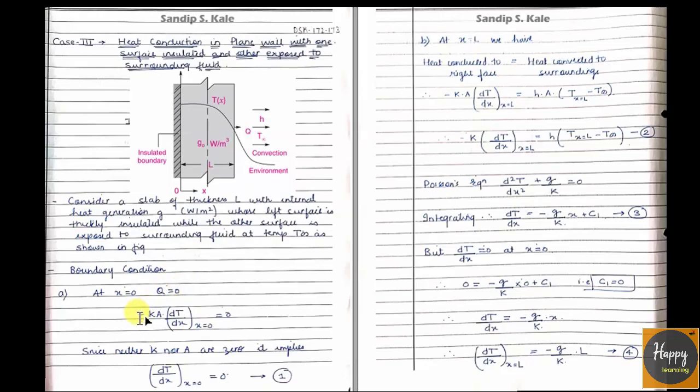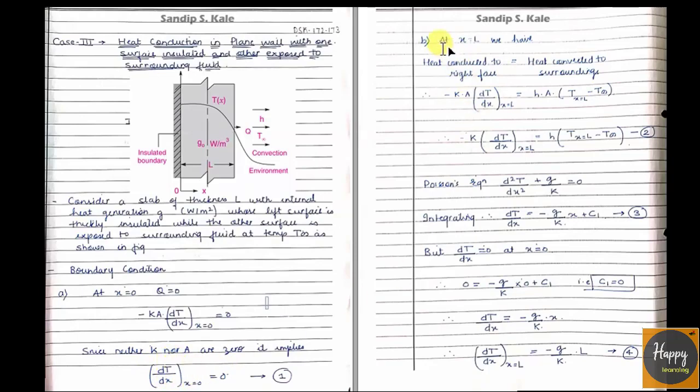So hence you can write minus k A dT by dx at x is equal to 0, that is equal to 0. So k and A can't be equal to 0, so obviously we get dT by dx is equal to 0. We have seen in the boundary conditions derivation itself that for the insulated surface, the change of temperature with respect to x will be equal to 0.